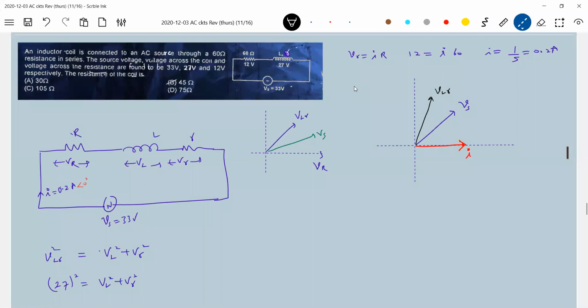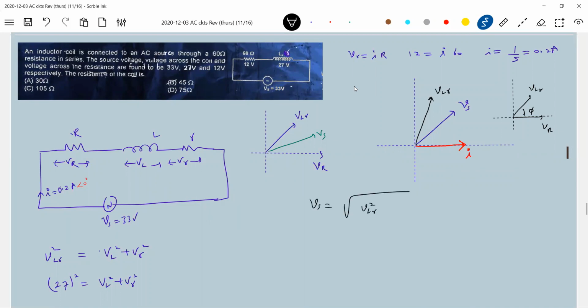So one more. What is the angle between? This, let me take it as phi. Okay, I think now I am into the picture. So what is Vs, you can write it.